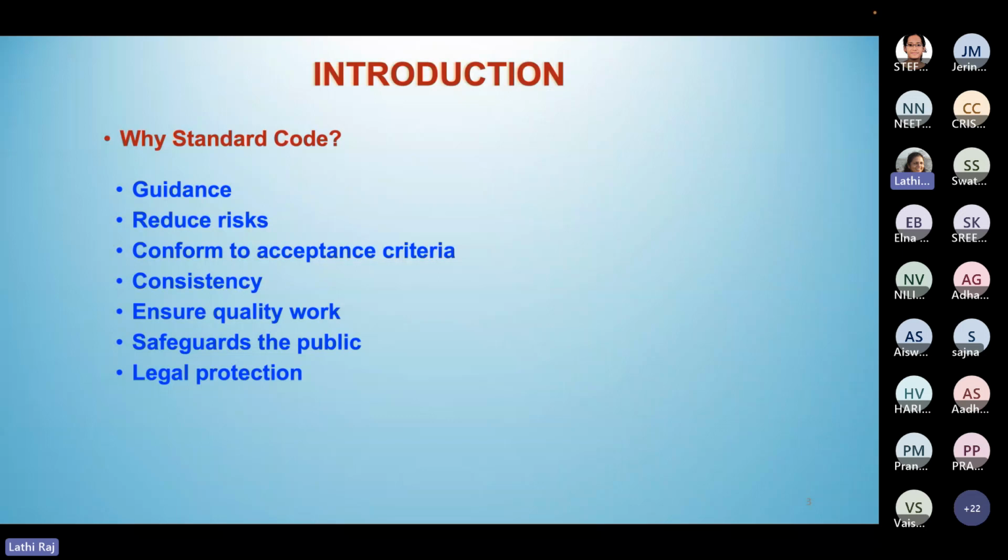So that will give the designer or a construction engineer a legal protection in case of dispute. So this is why you need a standard code. This code is accepted by the design engineers in civil engineering or the construction engineers, so all engineers in the civil engineering field. That is why we need a standard code.